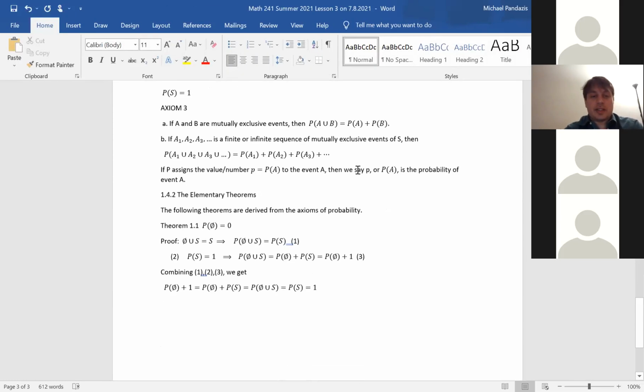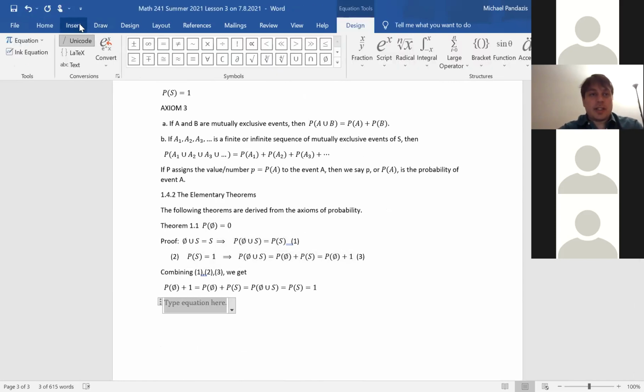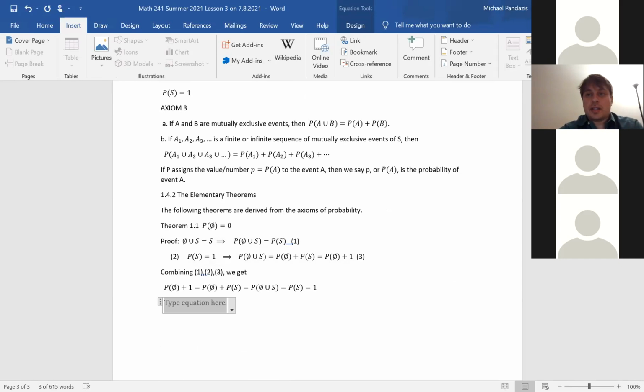And then that implies that P of the empty set plus 1 is equal to 1, and that implies that P of the empty set is equal to 0.